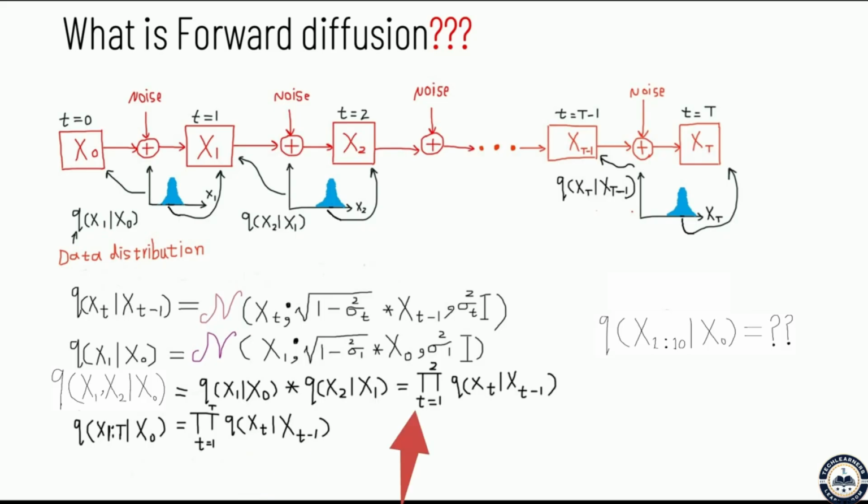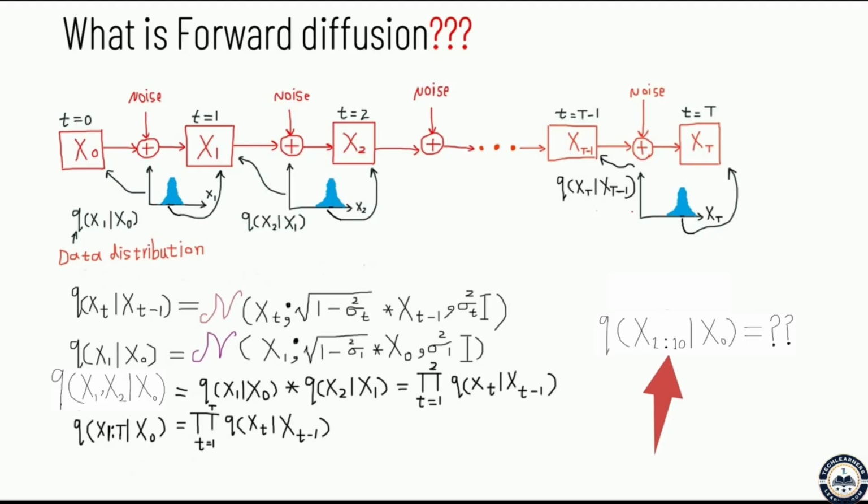Let's say that we want the joint distribution for all the variables from x1 to x10 given x0. Or in other words, the joint distribution for all variables in the first 10 time steps given x0. So here we need to multiply 10 distributions together to get this distribution, which is something difficult.